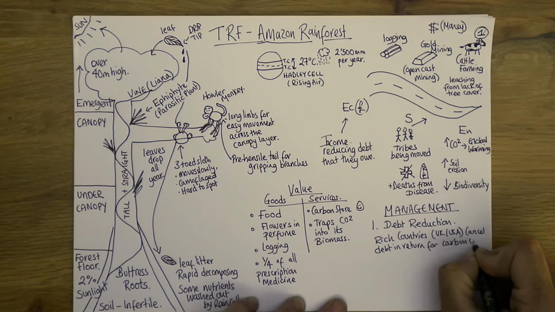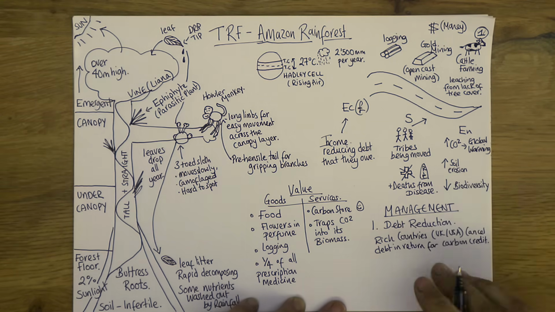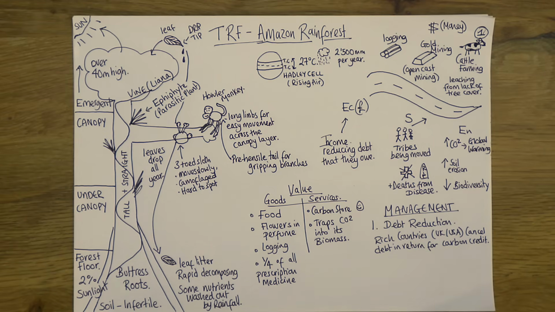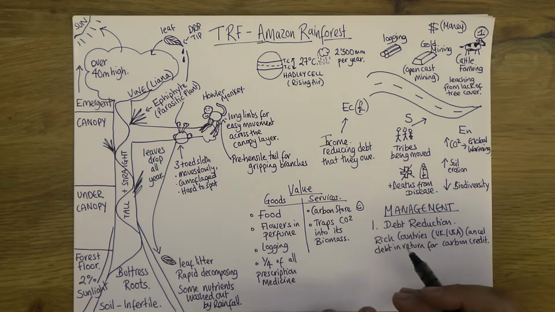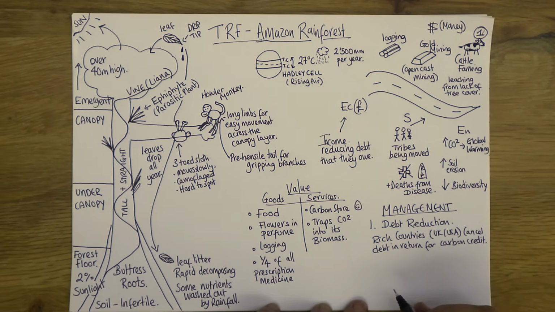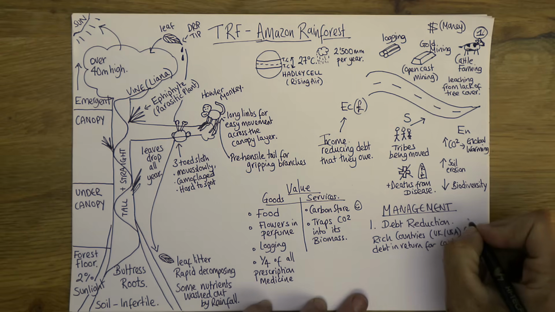Now, all that means is they basically make the poorer country promise to not chop down the trees, and it's all done legally, with an agreement on a certain area of land. And essentially then, it's not that the UK or the USA owns that land, it's that they are not allowing Brazil, for example, or Peru, to cut down the trees. In return, they will write off the debt that they owe, or a good proportion of it. So that is the best one.